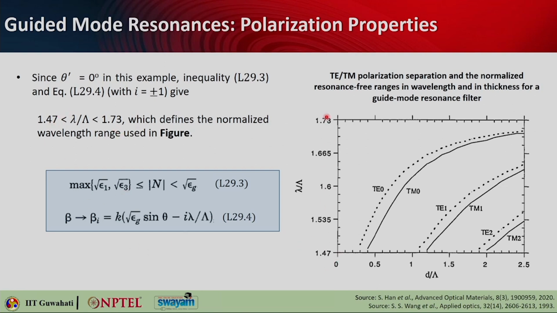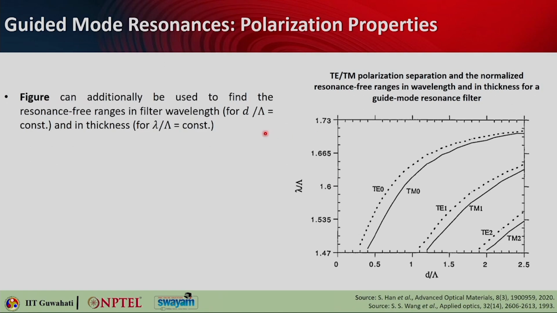This is why this particular range is considered, because in this configuration or material choice, this will be the normalized wavelength that you have to consider. Now, the figure can also be used to find out the resonance free region, as I told you. You can see these regions, in both filter wavelength and thickness, and find out which region is resonance free.